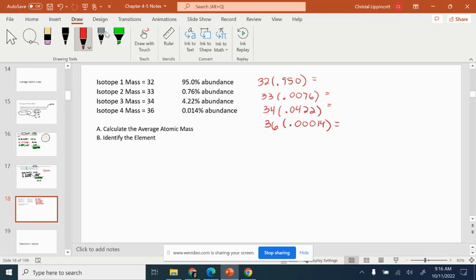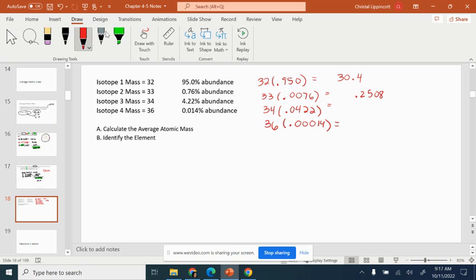We got 32 times 0.95. That's 30.4. We have 33 times 0.0076. That ends up being 0.2508.